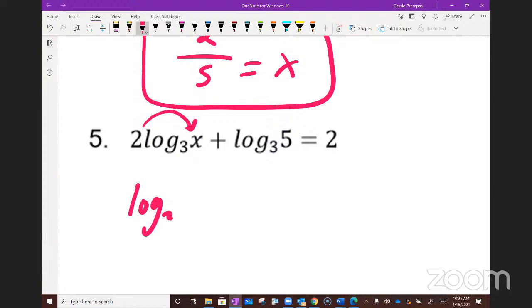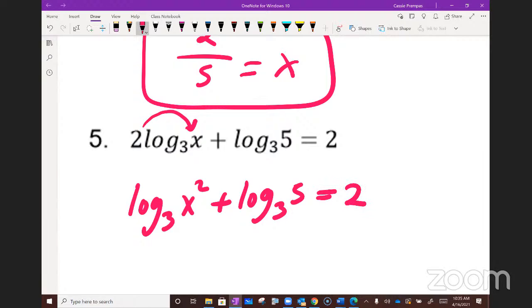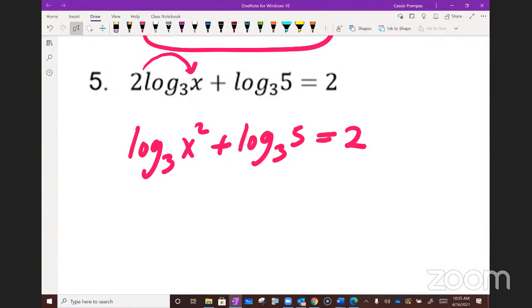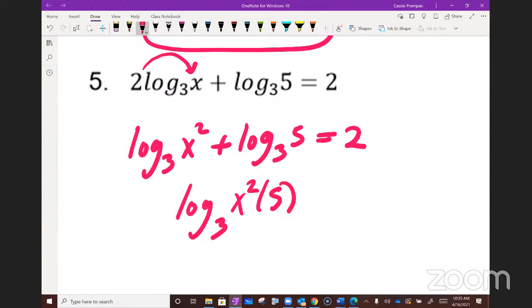So that's log base 3 of x squared plus log base 3 of 5 equals 2. Now what property is going to bring them together? Product, good. Multiply those 2 together like you guys did on that warm up. So we have log base 3 of x squared times 5 equals 2.